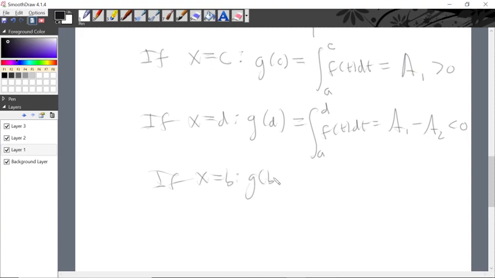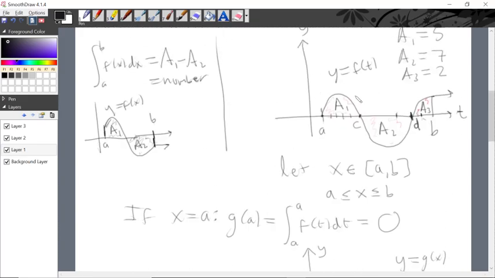That would be G of B, which is the integral from A to B, f of t dt, and that's going to be A1 minus A2 plus A3. Because we would be taking all of this minus all of this plus all of that, and whatever that equals.